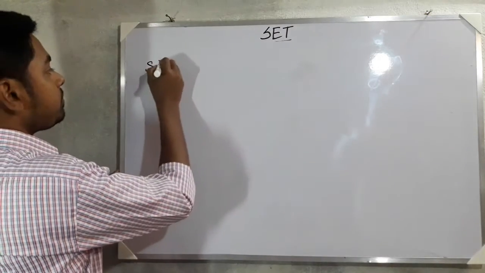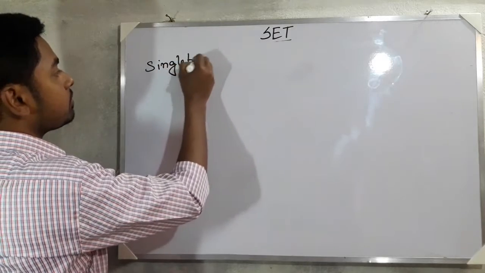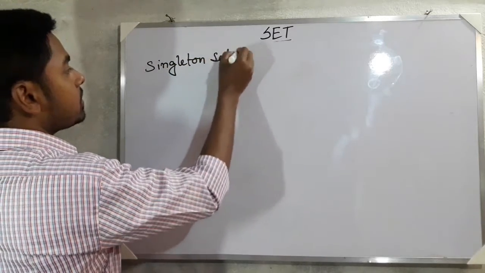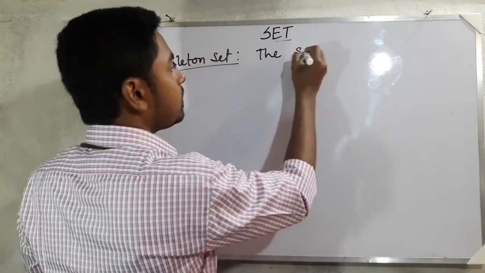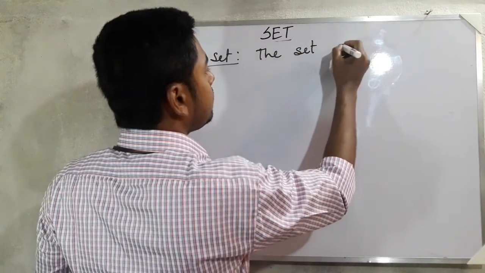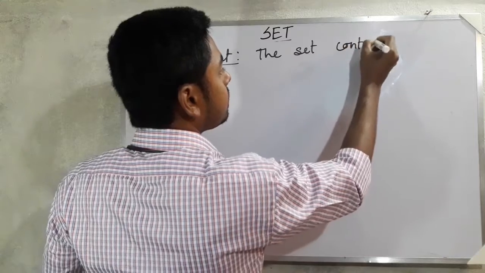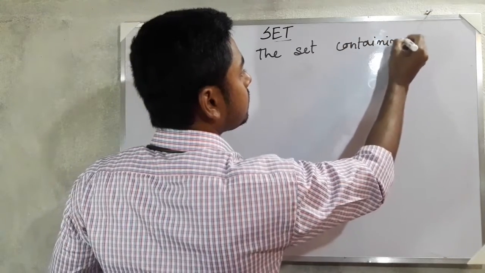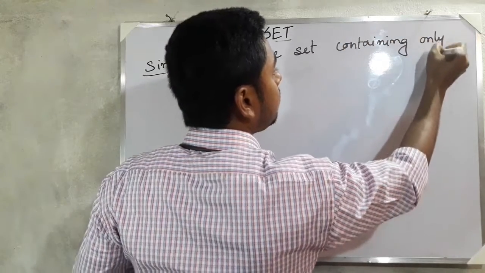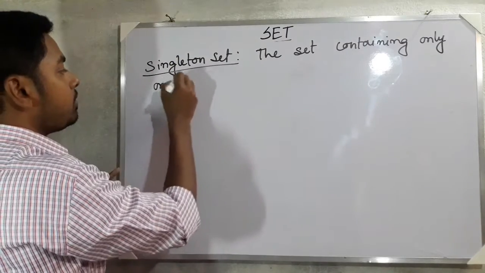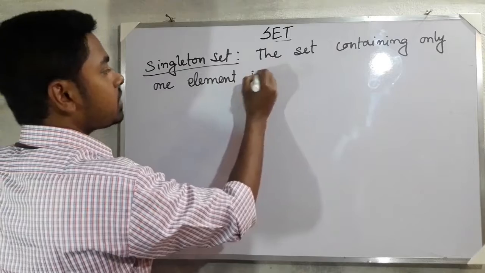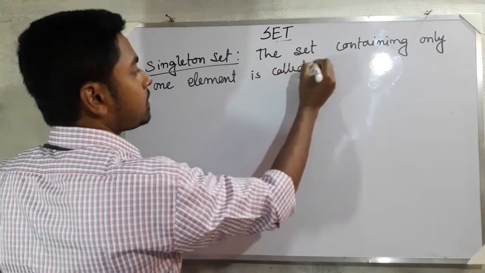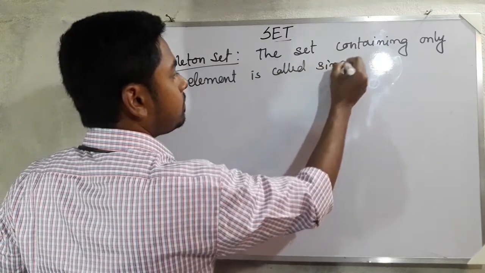So the singleton set means the set containing only one element is called a singleton set.